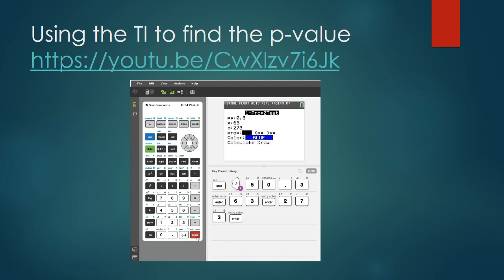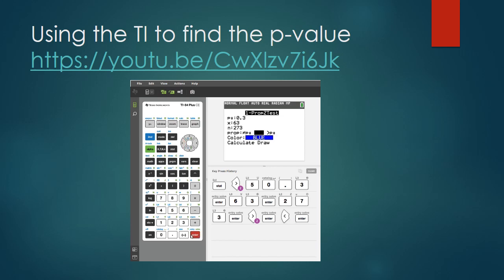Now here, we are going to put the symbol that we use in our alternative hypothesis. We are testing the claim that the true proportion, the true percentage as a decimal, is less than 30%. That's what we're given in the problem. That's what we used for our alternative hypothesis. Arrow over and then enter so that we are on less than, okay, that's what we want to be.